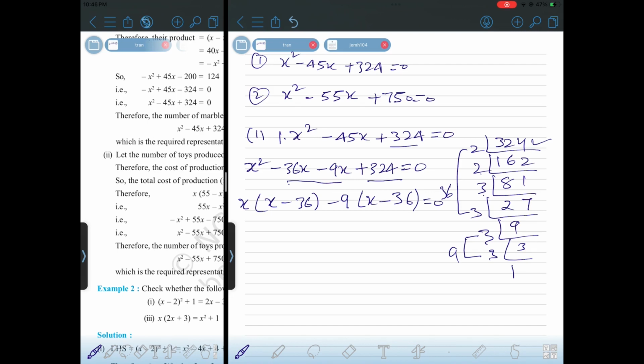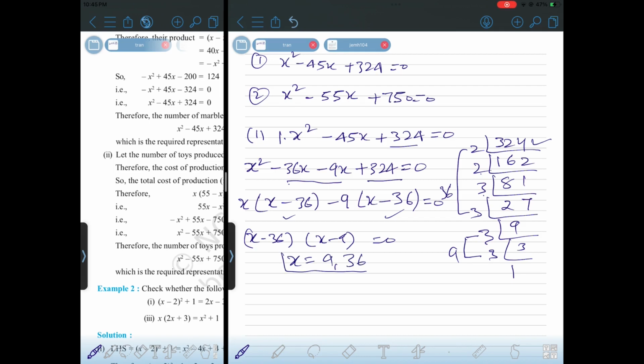Now you can see that this term is common, so we can take x minus 36 in brackets, then x minus 9 is equal to 0. And then you solve this, you get x equal to 9 and 36.